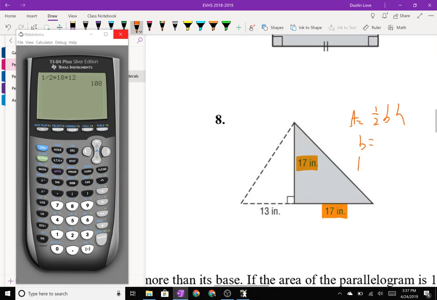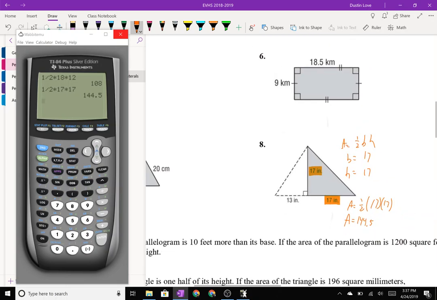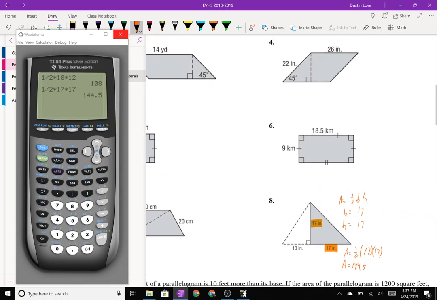And we got base equals and height equals. In this case, it's 17 and 17. So area equals 1/2 times 17 times 17. And 1/2 times 17 times 17 comes out to 144.5.